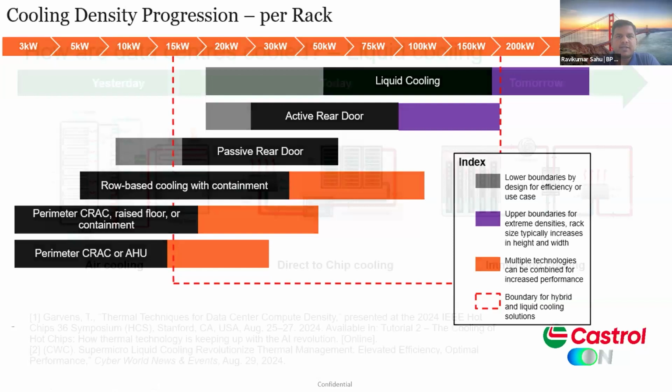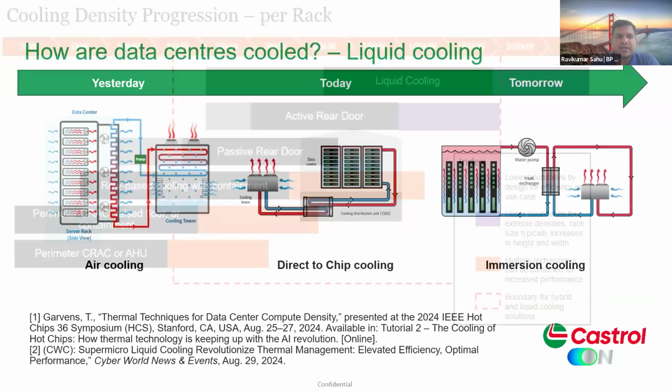So what is happening right now? Air cooling was predominant, but now it's liquid cooling. In liquid cooling, we have two types: direct to chip and immersion cooling.